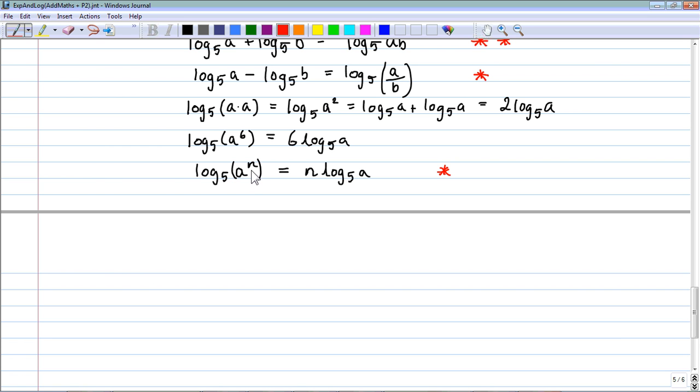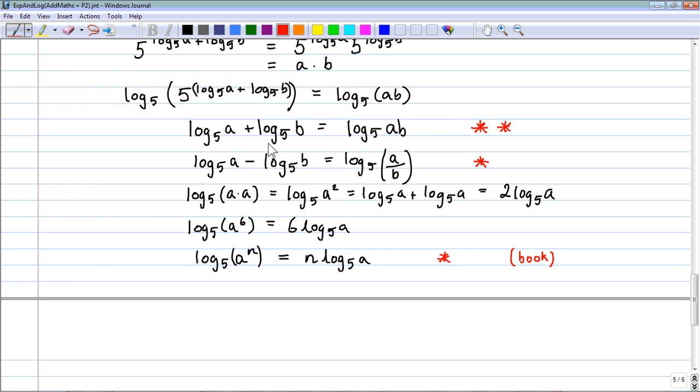Okay, so to summarize, the laws of logarithms can be found in the book, so do look in the book and read the general form of the law of logarithms, but they're very powerful calculation tools. They allow you to change, to be really clear, a sum into a product. You see how a sum of two logarithms is being changed into a single logarithm of the product, and here a difference of two logarithms is being changed into a quotient, a division, again inside the logarithm.